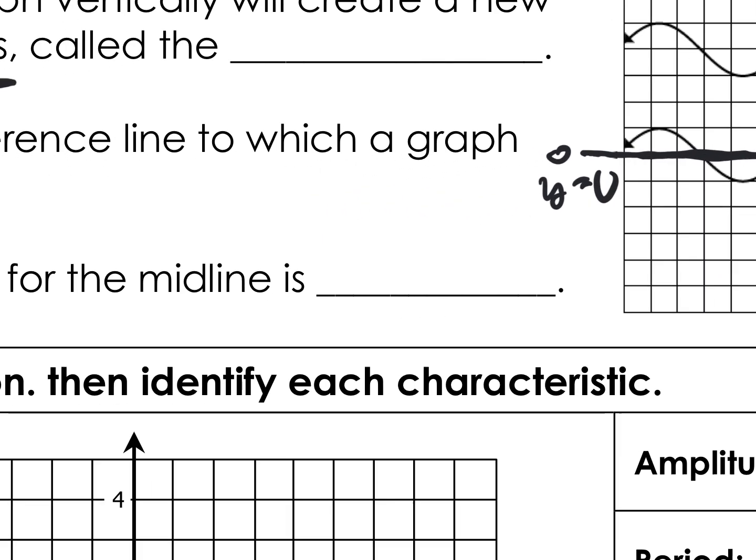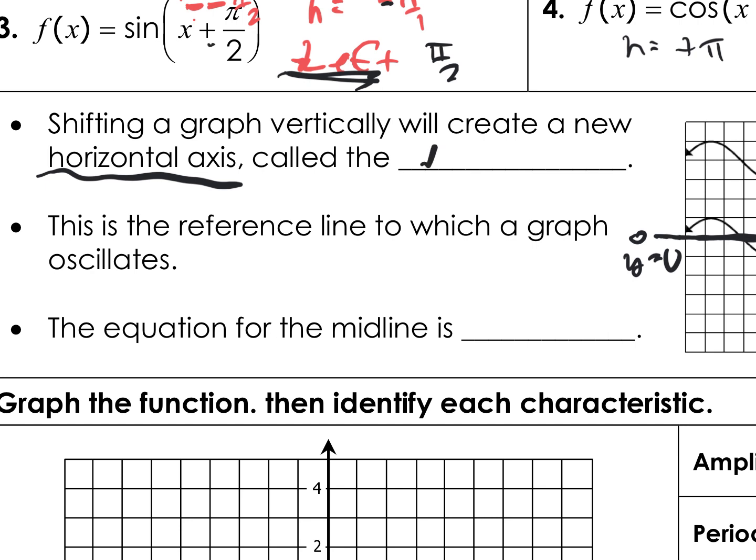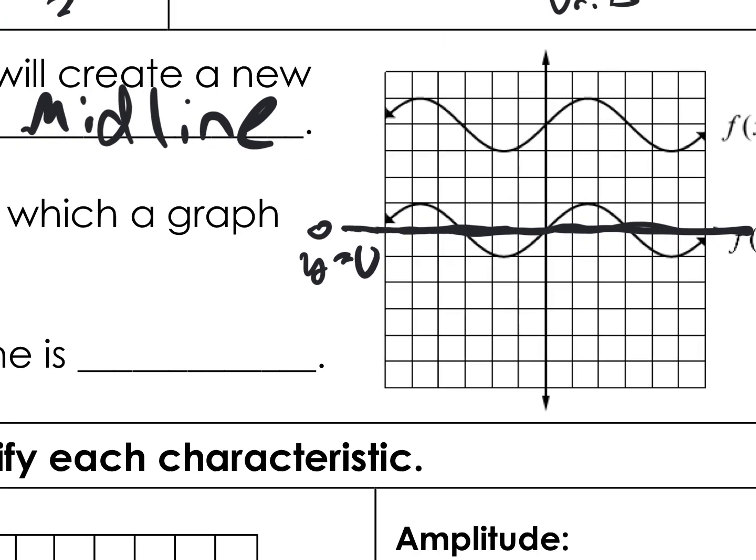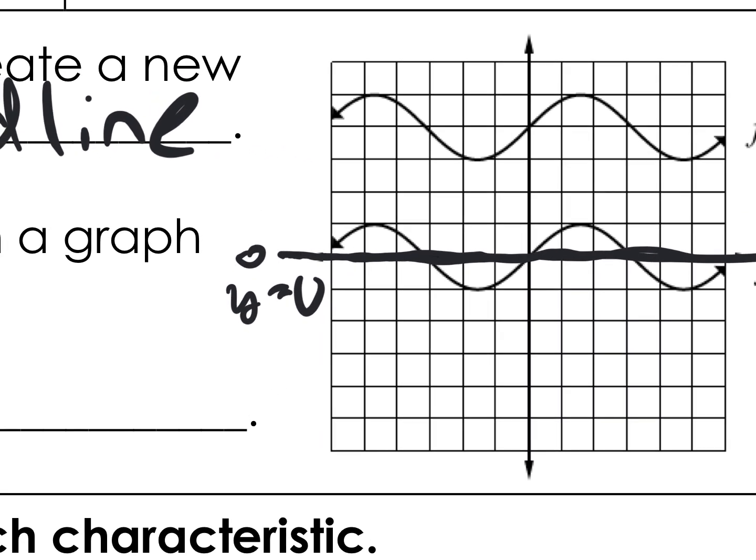It was called the midline. I just called it the x-axis because it was cutting it in the middle. When you got your amplitude, didn't we count up 1, down 1, or up 3, down 3? We always counted it from 0. Well, what if we're counting it from, I don't know what that number is, I'll let you figure it out. There's my new midline.